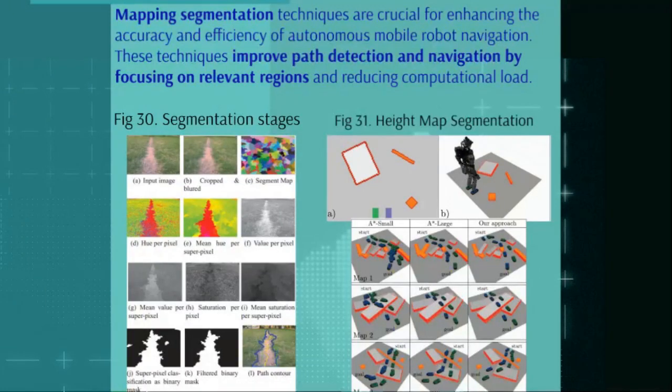Also, we have the same for a different robot, which is a legged robot. The left leg of the robot is here in green, and the right leg is represented by this blue rectangle, and this orange color reflects the high obstacle.